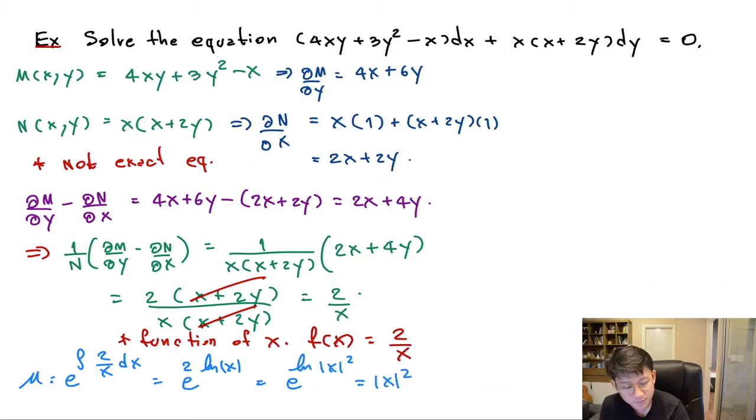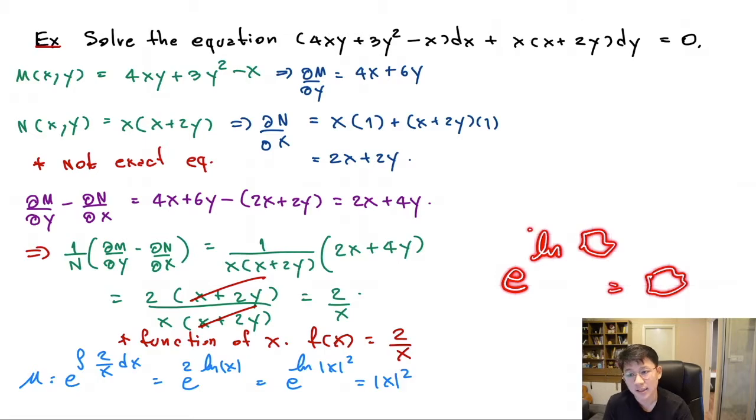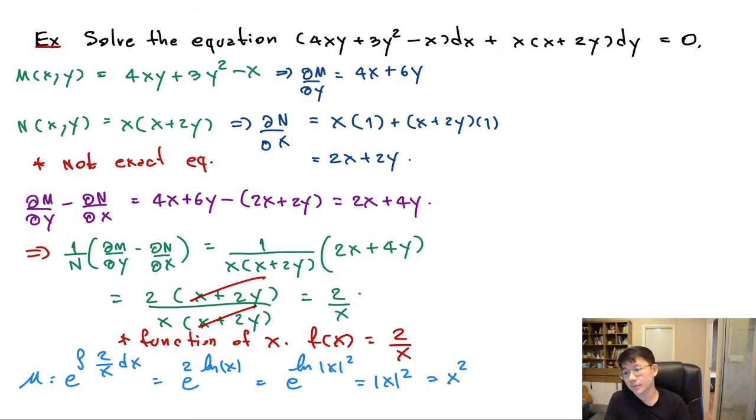Don't forget, e to the log of something is that thing; the log and the e cancel out. Because it's absolute, squared is always positive, so I don't need absolute anymore, so it's x squared. That's the integrating factor.